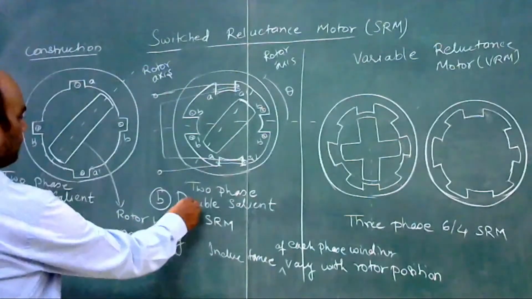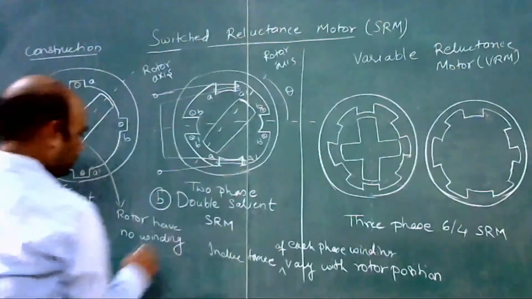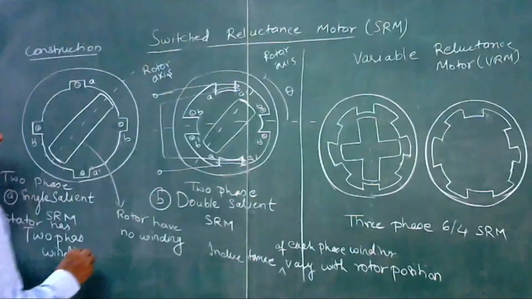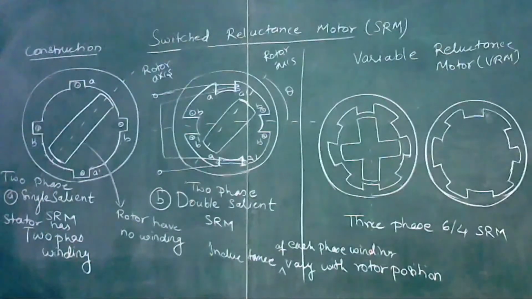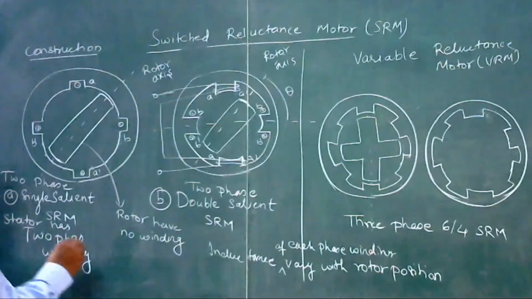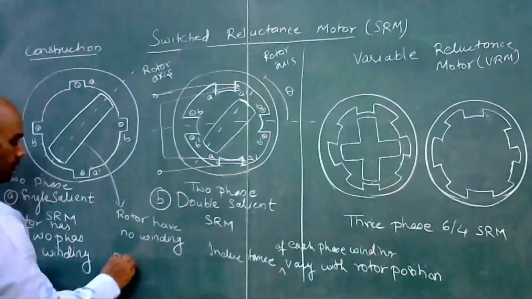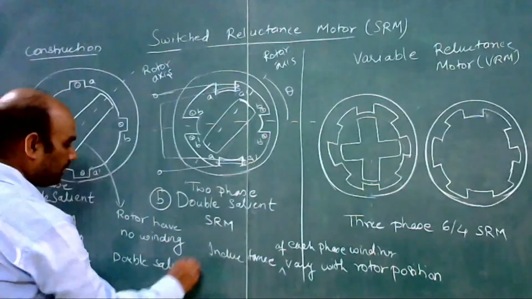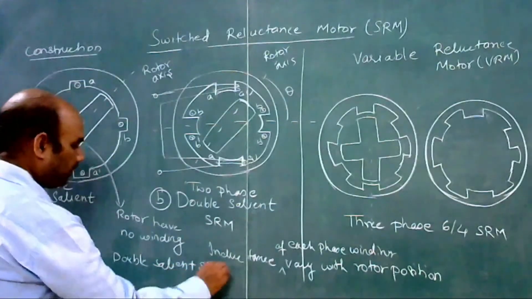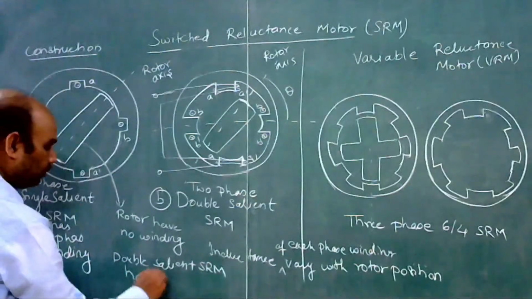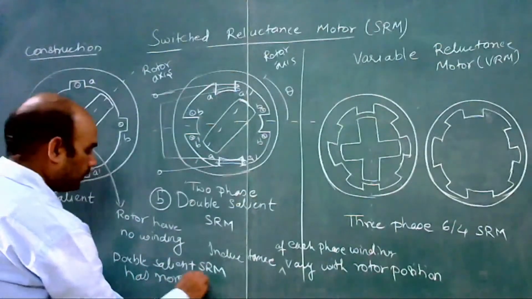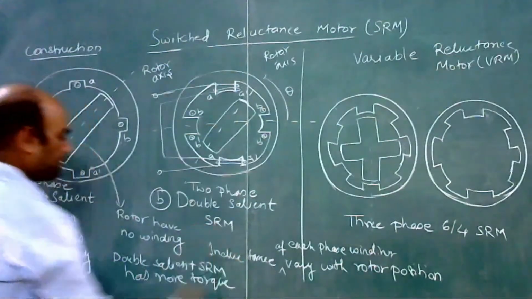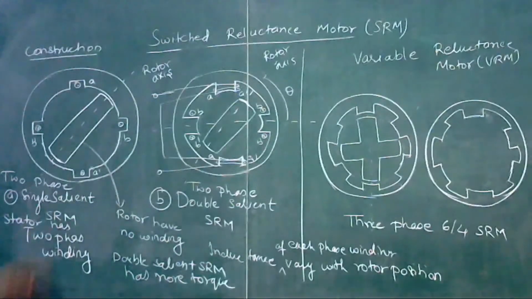The doubly salient switch reluctance motor has more torque as compared to the singly salient reluctance motor.